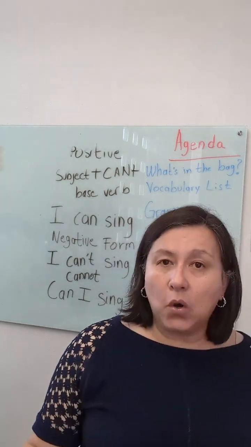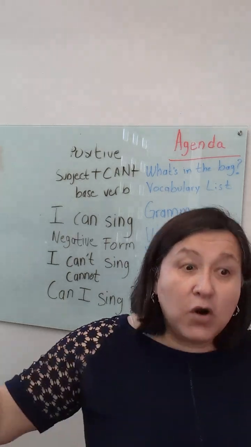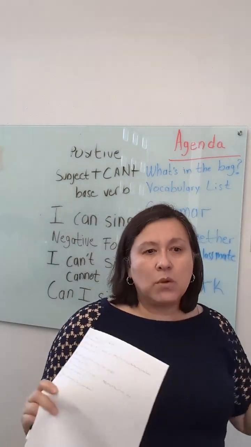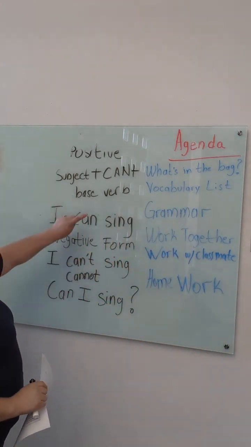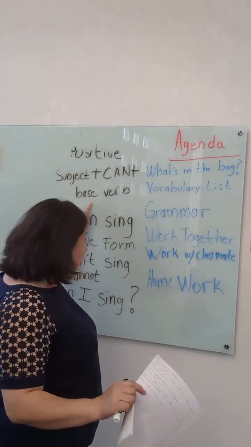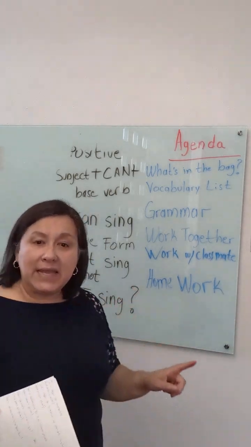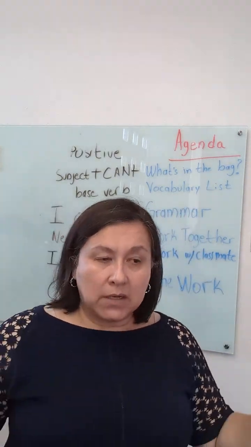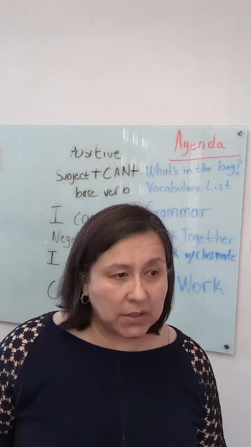Now, we also can transform this into a question. And if you look on your sheets, you can also see the formula to change it to a question. When we change it to a question, we switch the verb that we're using, that in this case is can, and then we do the subject, and then the base verb. And that way we can create a question.